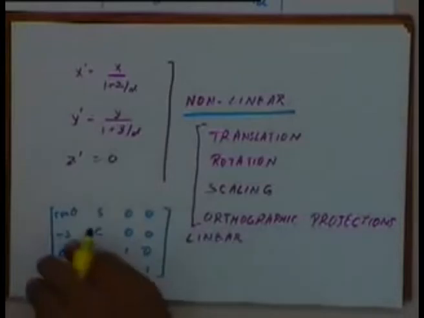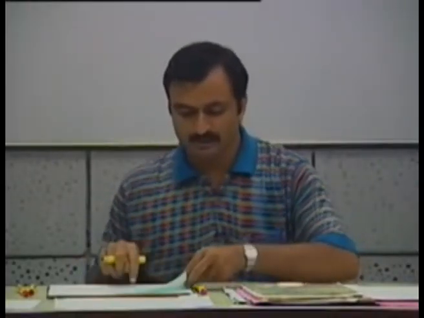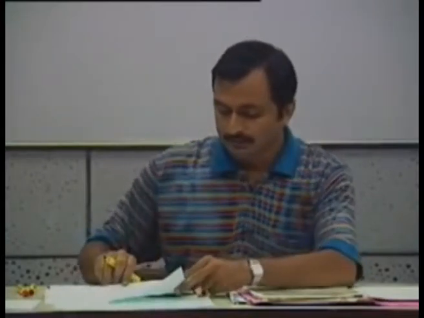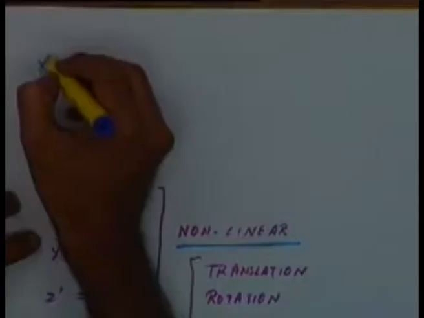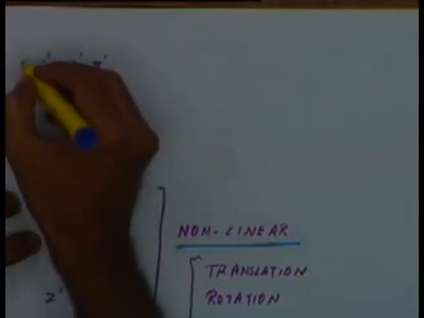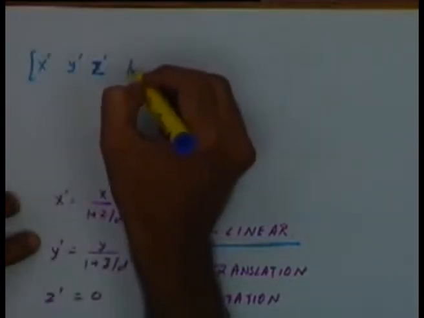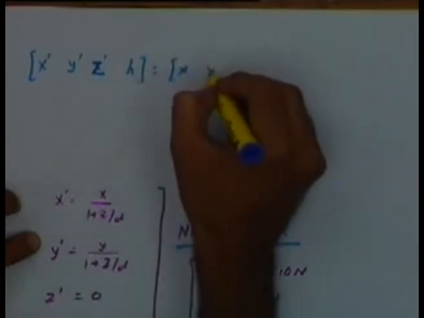Okay, and if we want to write them in the form of a normal transformation matrix, the way we have been doing so far, what we will have to do is write x prime, y prime, z prime, h, and use the homogeneous coordinate.